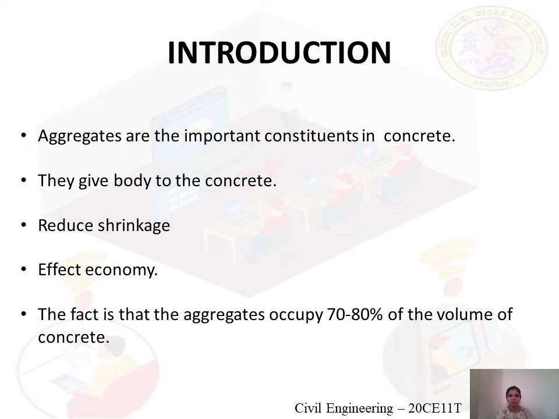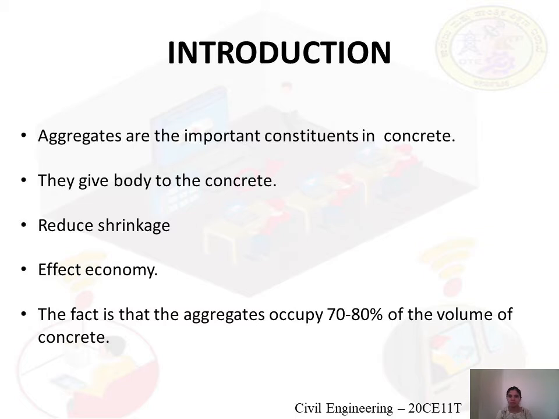Next, we will move on to study the aggregates. It is very important for us because aggregates make up between 70 to 80% of the volume of normal concrete. These aggregates are mixed with binding material, which may be cement or lime.